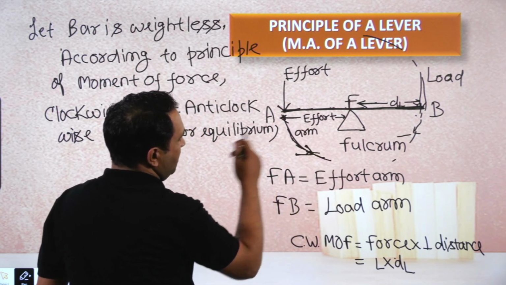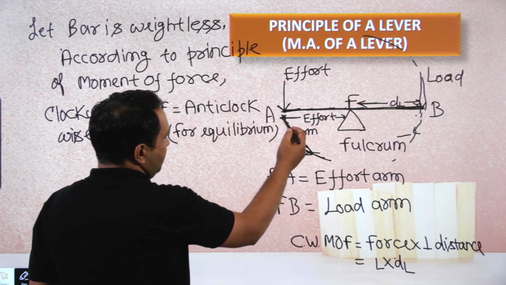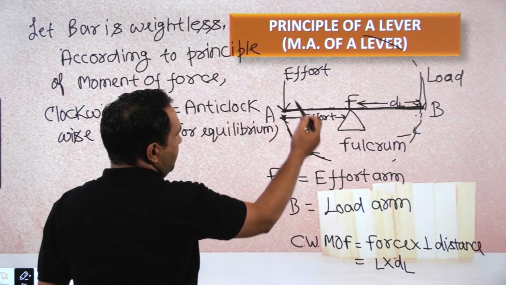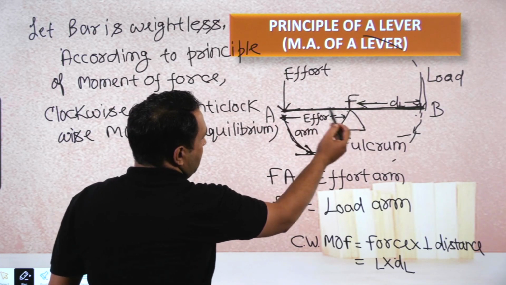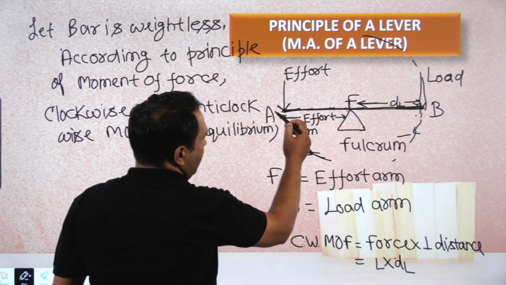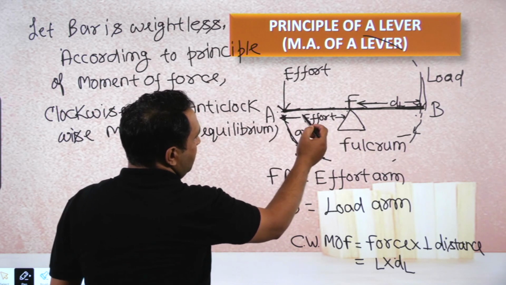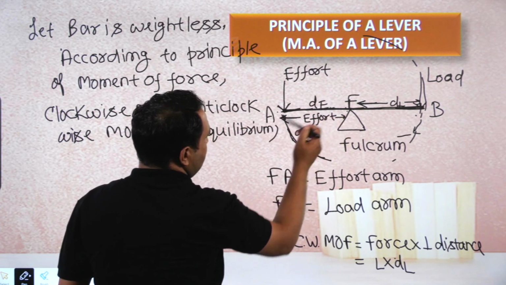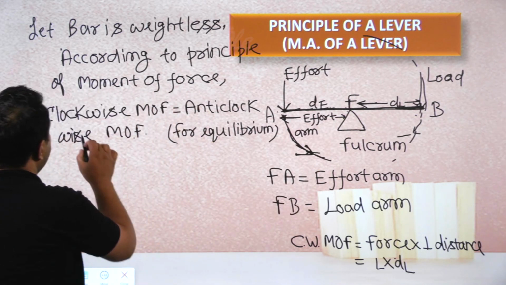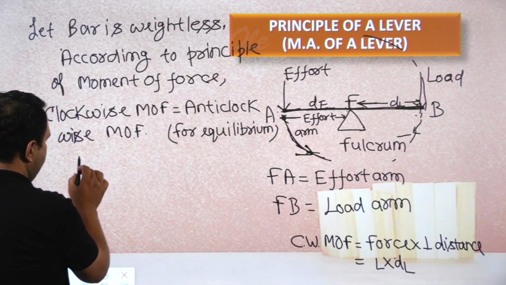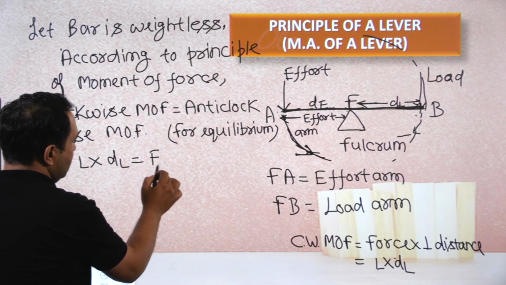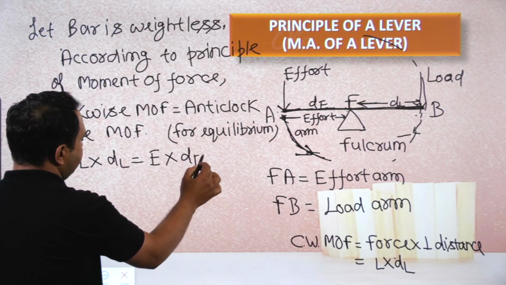So it is doing the anti-clockwise moment of force. What will be the anti-clockwise moment of force? Force, which is effort, multiplied by perpendicular distance, which is FA or AF, and that is dE. So we can write down here: clockwise moment of force, L into dL, is equal to E multiplied by dE.